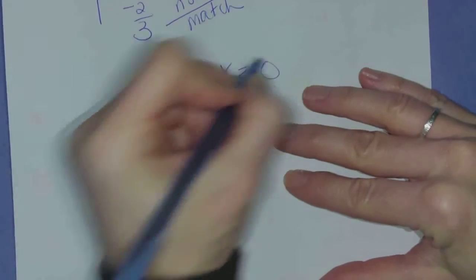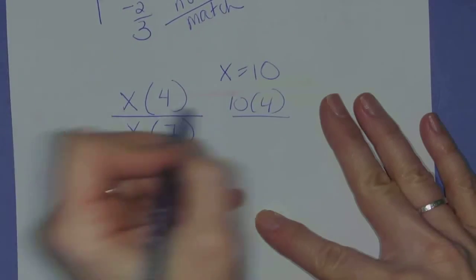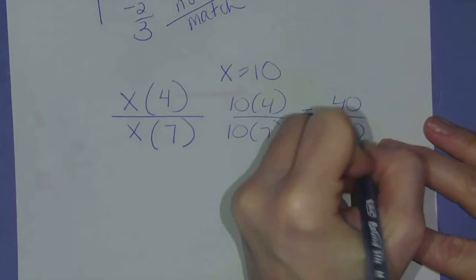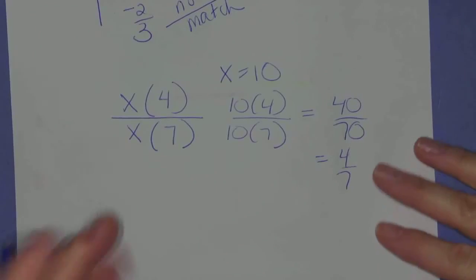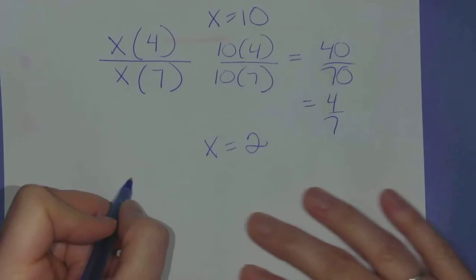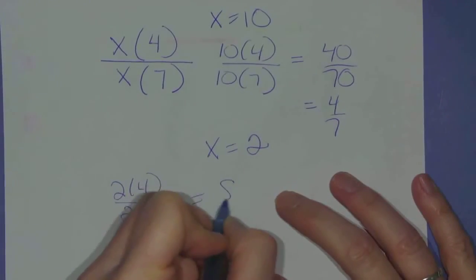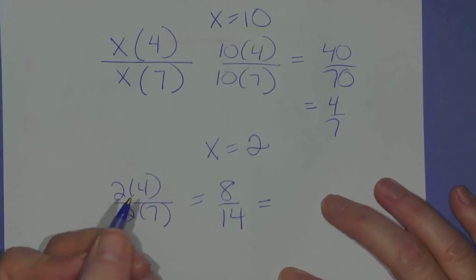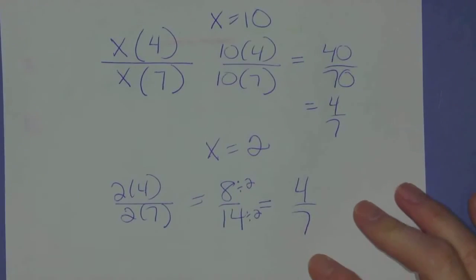Let's let x be 10 again. Well, if you had 10 times 4 over 10 times 7, that would be 40 over 70, which reduces right back to 4/7. Let's choose something else. Say x was 2. Well, you'd have 2 times 4 over 2 times 7, which is 8/14, which reduces right back, if you divide each of these by 2, to 4/7.